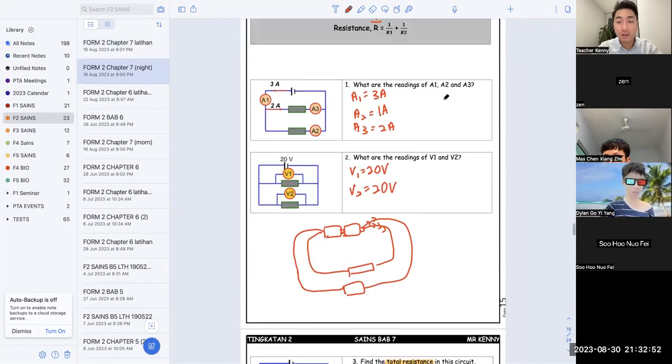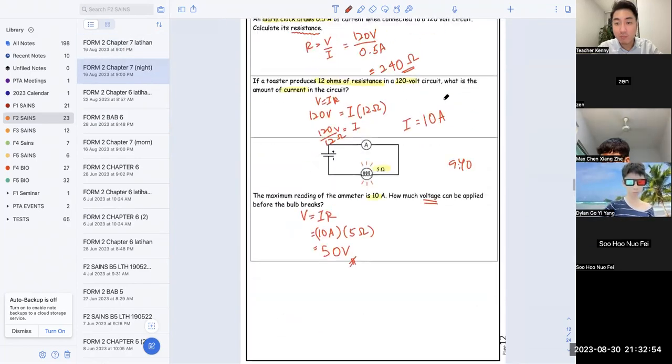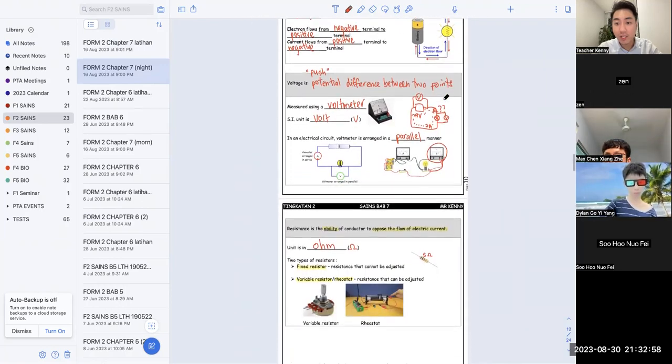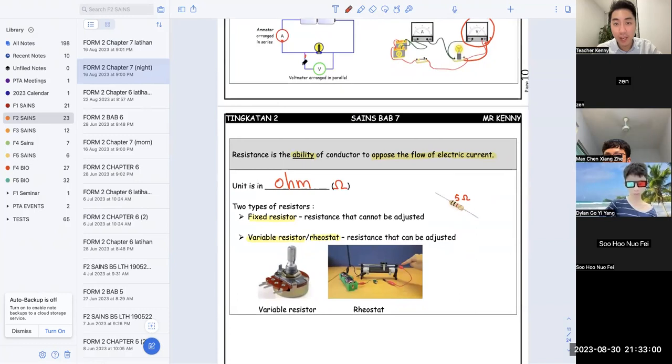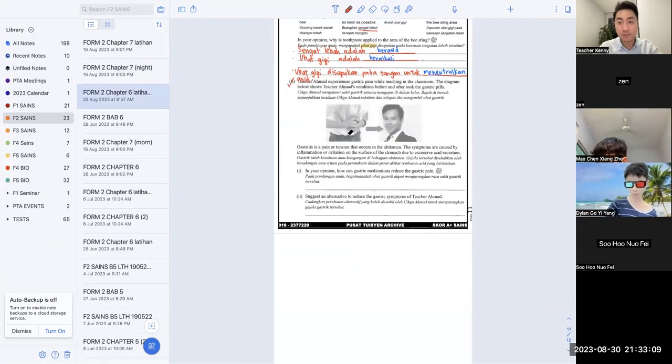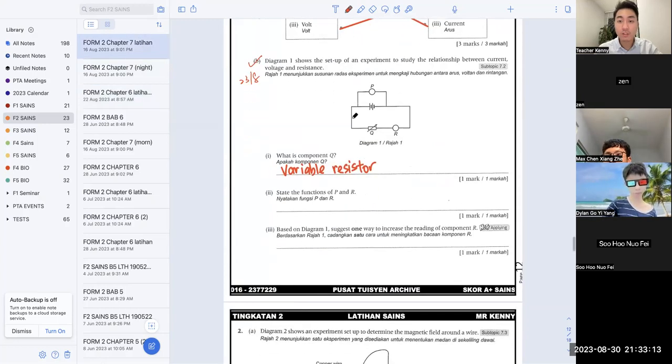They purposely don't tell you what P and R are so that you learn. The one that is arranged in parallel is always a voltmeter. The one arranged in series is always an ammeter. Understand? So this is a voltmeter, and this is an ammeter.